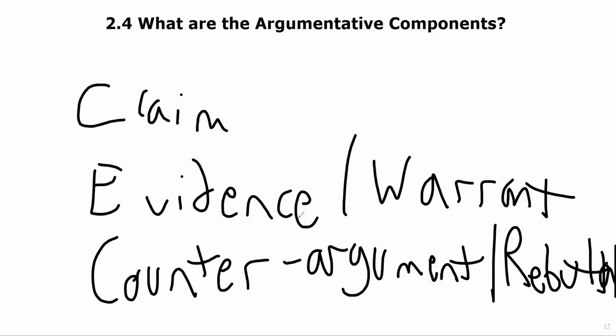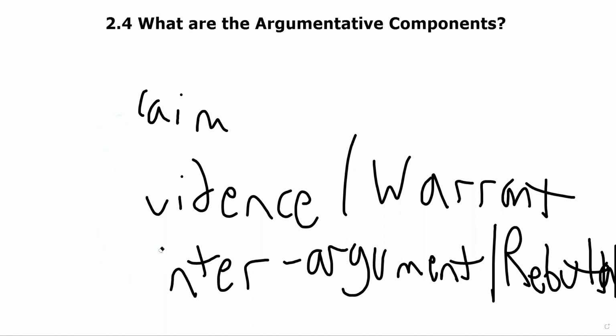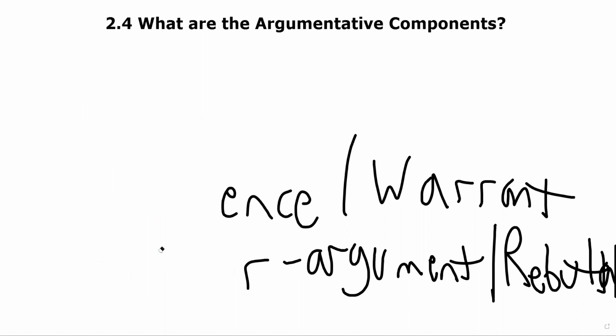And a counter argument is simply an argument against whatever the argumentative essay is trying to advocate. Now, it may seem counterintuitive to include a counter argument within one's argument, but we'll discuss why that's actually beneficial if done correctly in an argumentative essay.